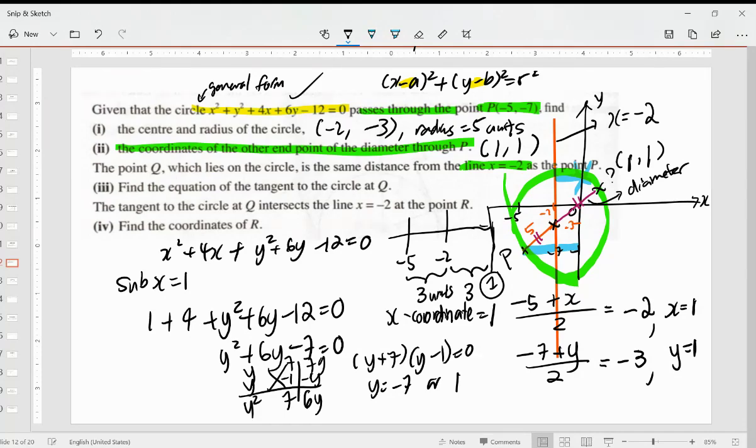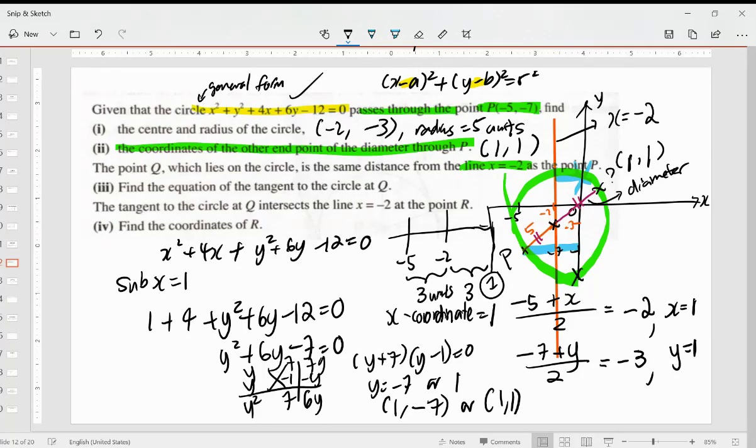So my Q could be (1, -7) or (1, 1). So let's check. At 1, this will be -7.